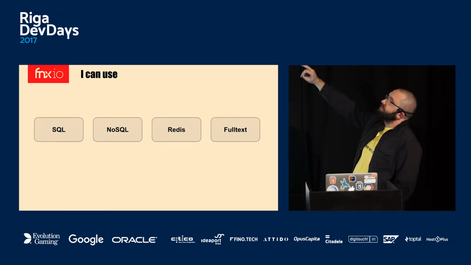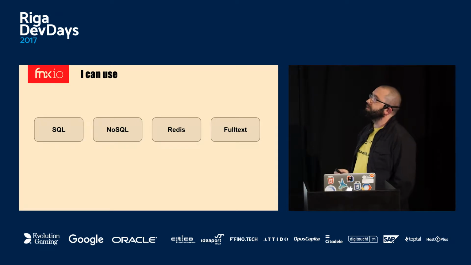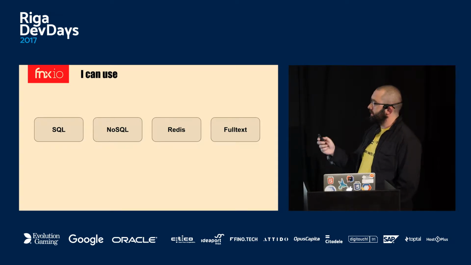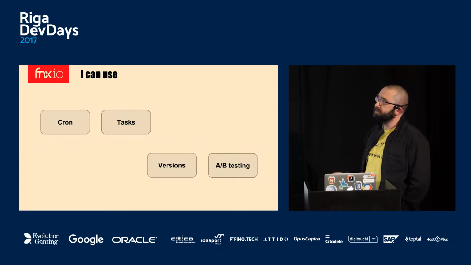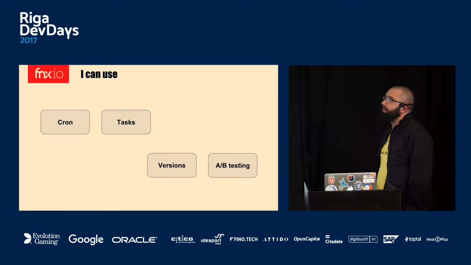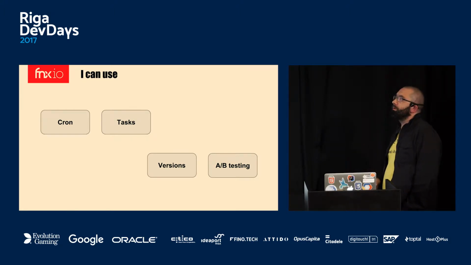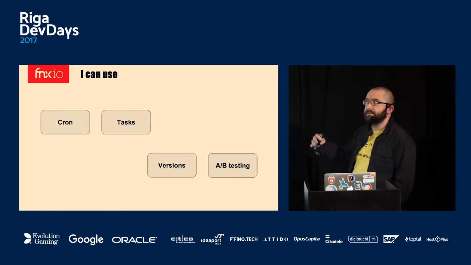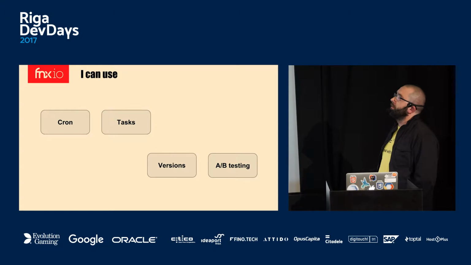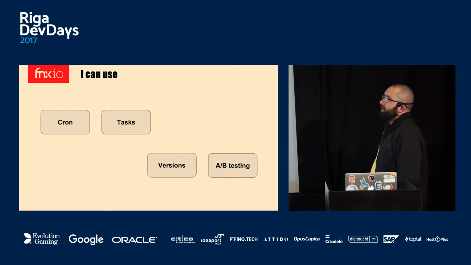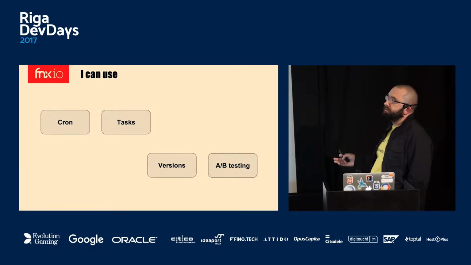I have a full text service I can use to index my data. I have cron for scheduled periodic tasks. I have an asynchronous queue for tasks which need some more time to get finished, for some backend data maintenance, for example.